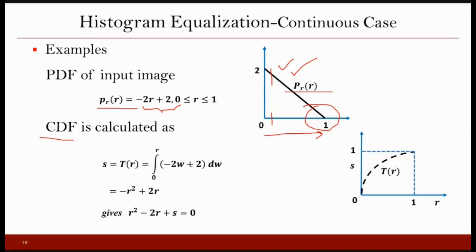If you do the integration and compute the definite integral between 0 and R, you get a value which gives the equation R squared minus 2R plus S equal to 0, if you take all these variables on one side.